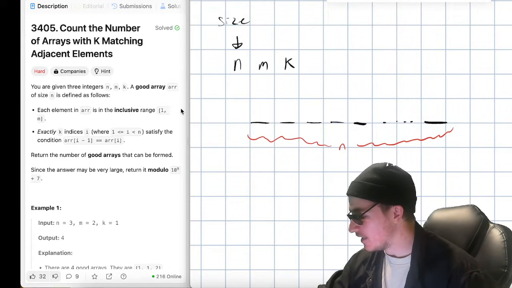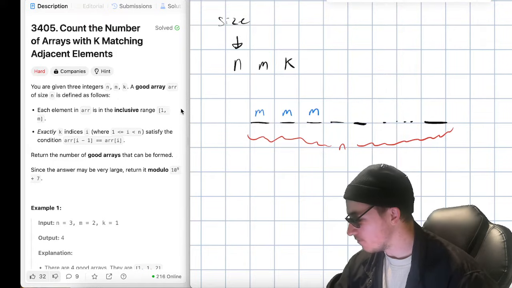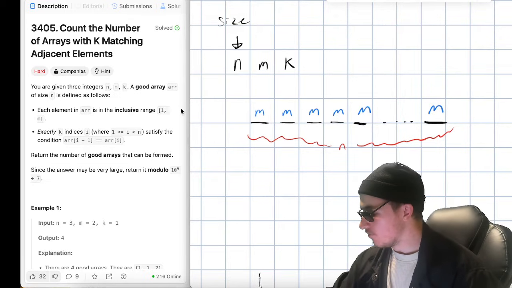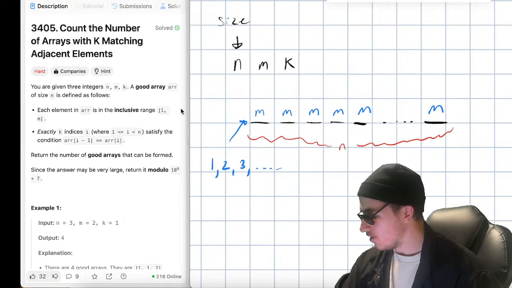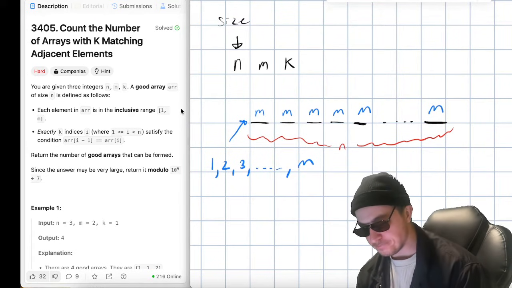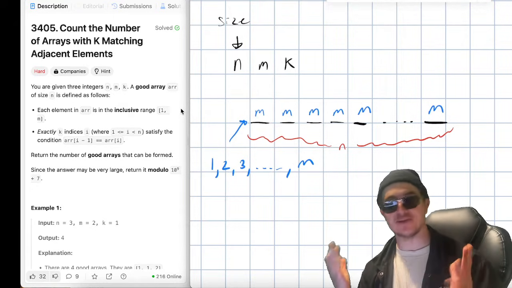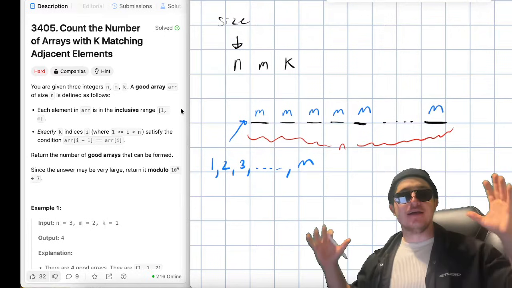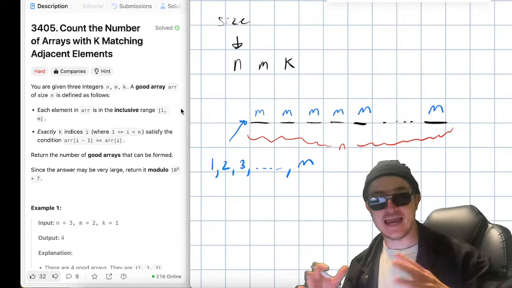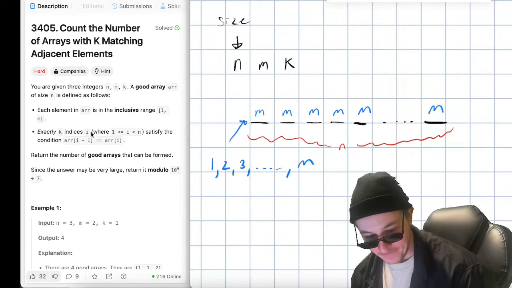So each element in this range can be m things, right? Because each element here can be 1, it could be 2, it could be 3, it could be all the way up to m. Just wasting time, just putting things on the paper. Sometimes just putting things on the paper is all you need to get you to some place where your mind can understand what the heck is going on in the problem, okay?